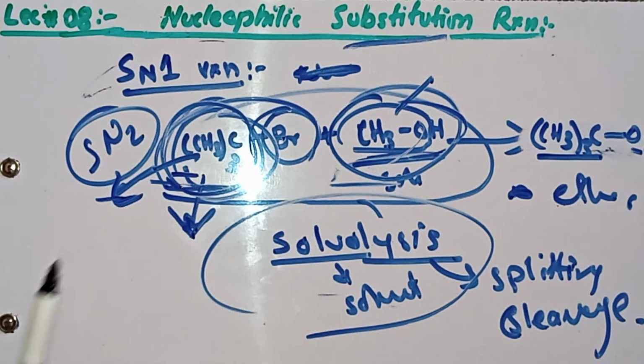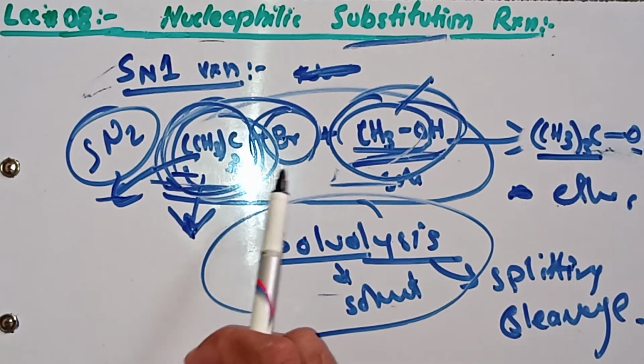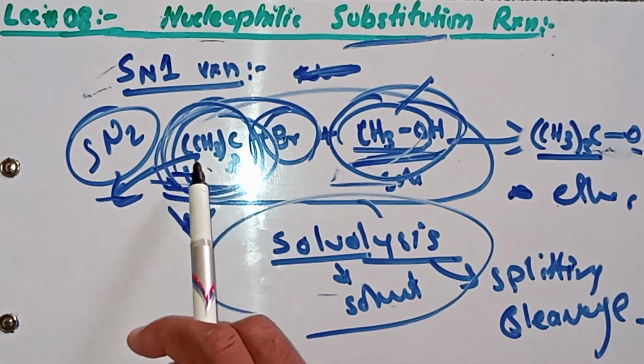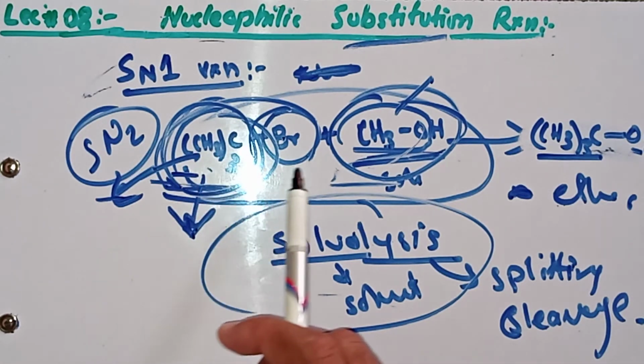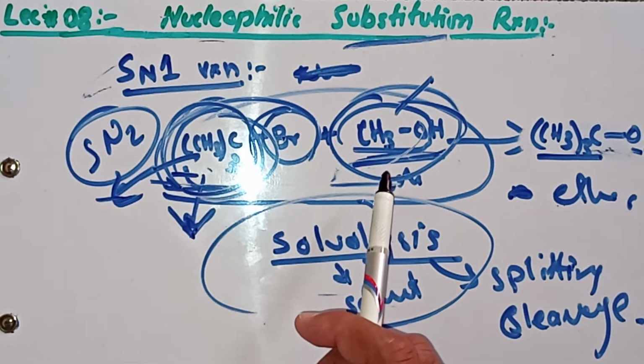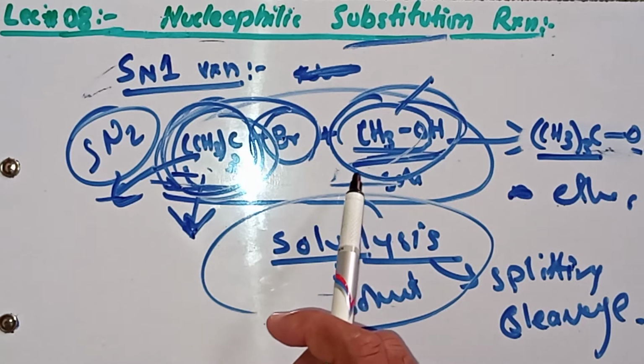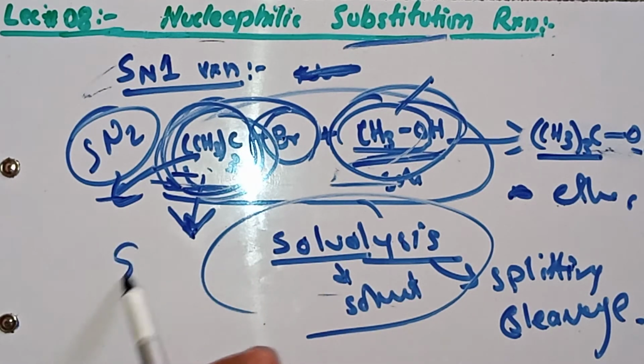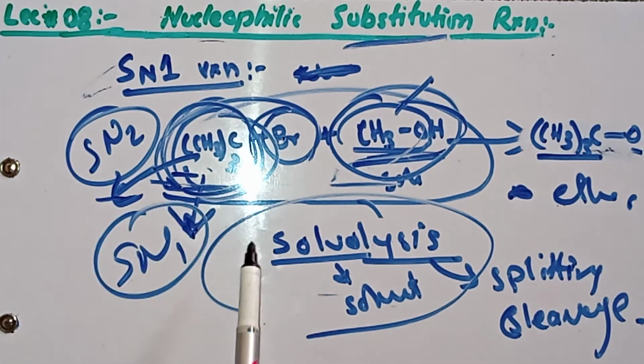This substitution cannot go by the Sn2 mechanism, because of the bulkiness and because the nucleophile is very weak. So what kind of mechanism might be involved? Here it is only Sn1, so this is called the Sn1 mechanism.